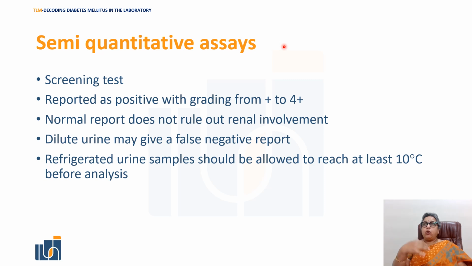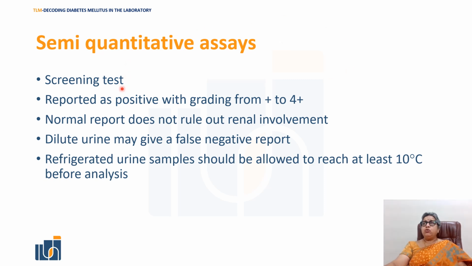Now, if you drink a lot of water and there is a dilute urine, even that will give you a false negative report. Now, supposing you refrigerate the urine samples and then you want to do it as a batch or you want to process it later, then you should allow the refrigerated urine samples to reach at least 10 degrees centigrade before you analyze to prevent any coagulation due to cold or some kind of a false negative report.